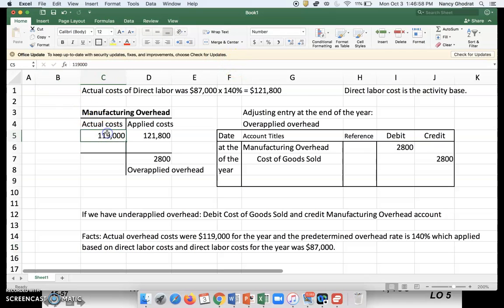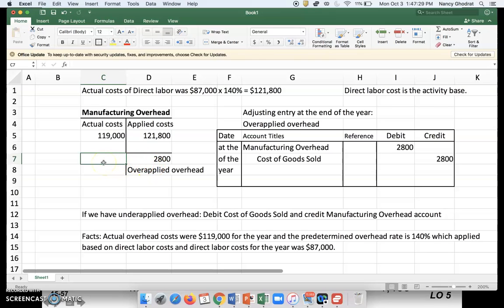Always the actual cost is on the debit side of manufacturing overhead account. Applied is on the credit side. So in this case, the applied cost was more than actual, so we over applied. We gave too much cost of overhead to our jobs. With over applied overhead, again, we need to arrive at zero balance at the end of the year, meaning our actual cost and applied cost should be equal.